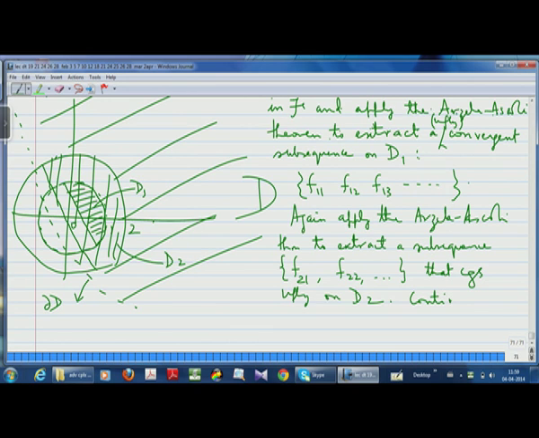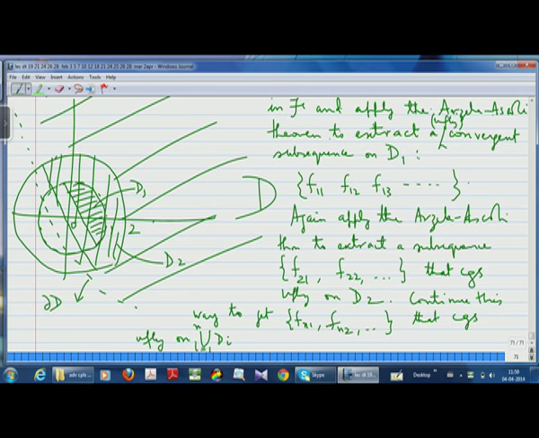Continue this way to get fn1, fn2, ... that converges uniformly on D1, D2, etc., Dn. So in fact, instead of putting commas, I can actually put the union, union of Di, i equal to 1 to n, okay.